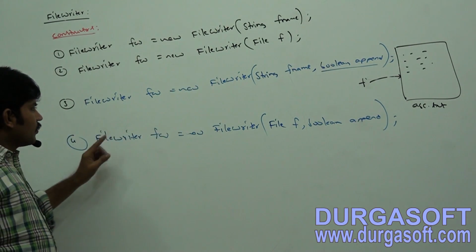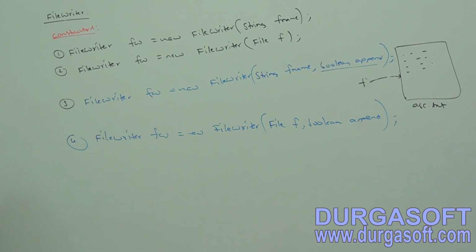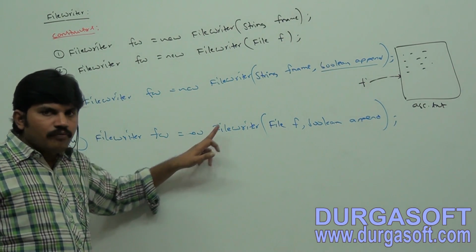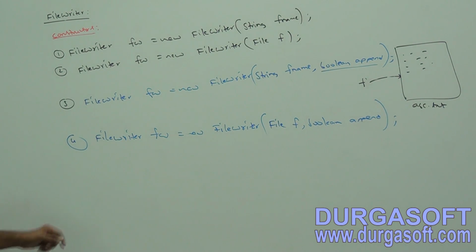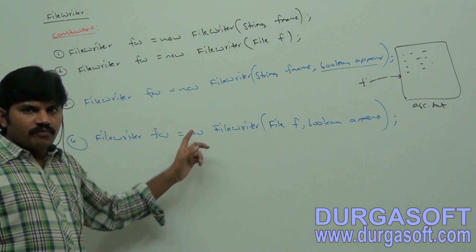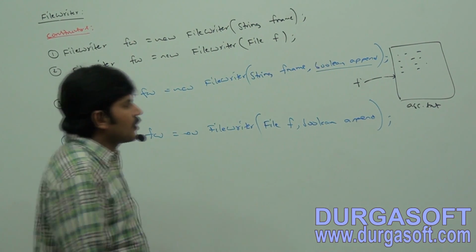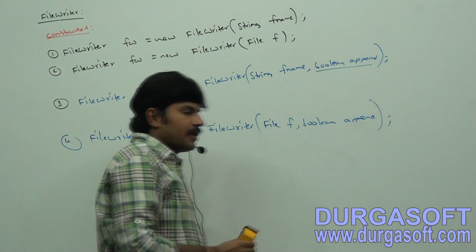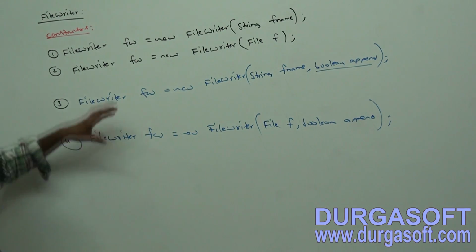Next, FileWriter fw = new FileWriter(File f, boolean append). So completed, right?